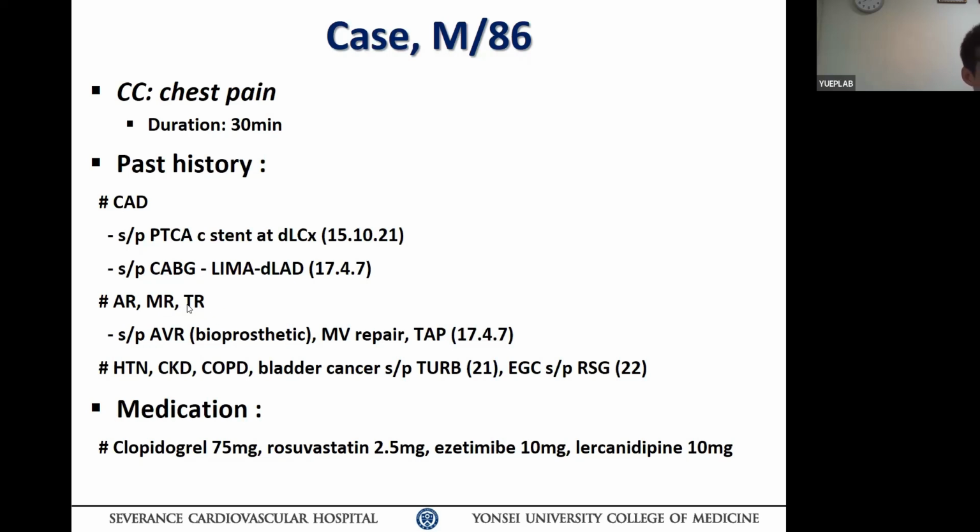So he had valve replacement, and during the valve surgery, he also had a concomitant CABG, LIMA to distal LAD. He also has hypertension, chronic kidney disease, and some other problems. He's taking medication, including anticoagulation and statin.